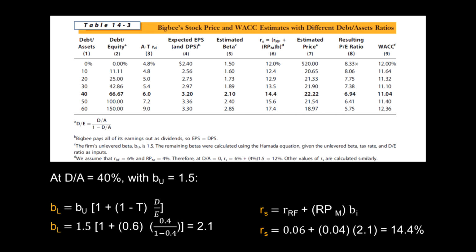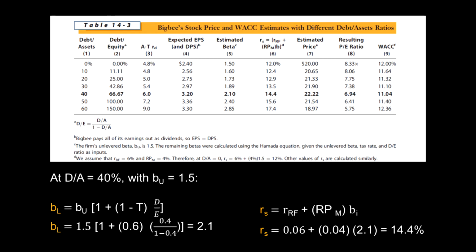Going back to the table, the second column shows the debt to equity ratio, and the debt to equity can be solved using this formula. D over E is equal to D over A over 1 minus D over A. Applying what we learned a while ago, the unleveraged beta is equal to 1.5 since the debt to assets ratio is 0.